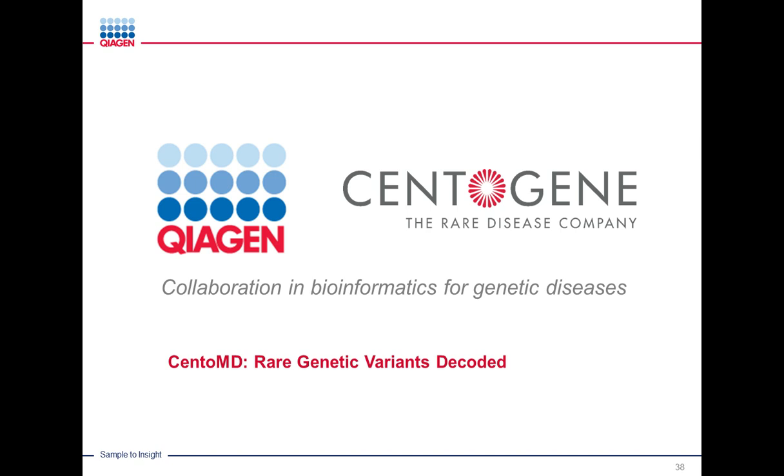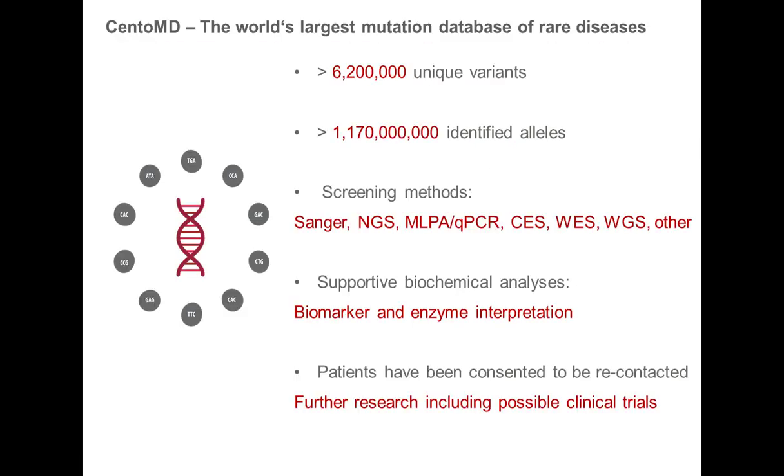And finally, I want to talk about CentoMD, which is our new database. CentoMD really is the world's largest mutation database of rare diseases. It now contains over 6 million unique variants representing over 1 billion identified alleles. The patient samples have been sequenced based on Sanger methods or NGS methods or PCR methods.